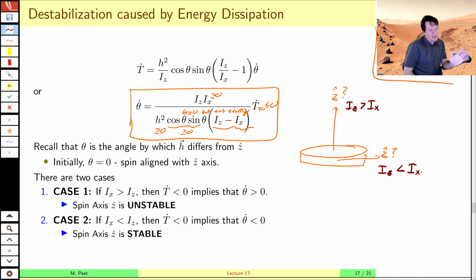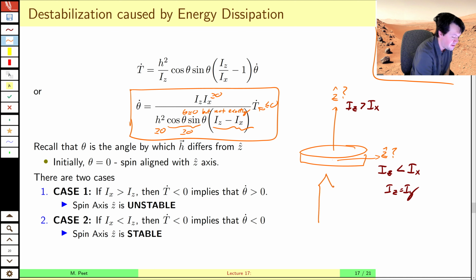The analysis doesn't really apply to this case because we want Ix to equal Iy, so we'll ignore that bit right now. In this case, Iz is technically equal to Iy, but again, our analysis doesn't really apply to that. In fact, just to be rigorous, I should define this as our other case. In that case, Iz is clearly less than Ix, which is equal to Iy.